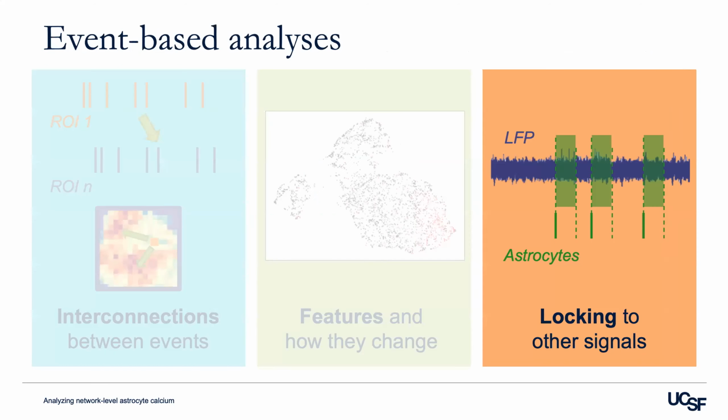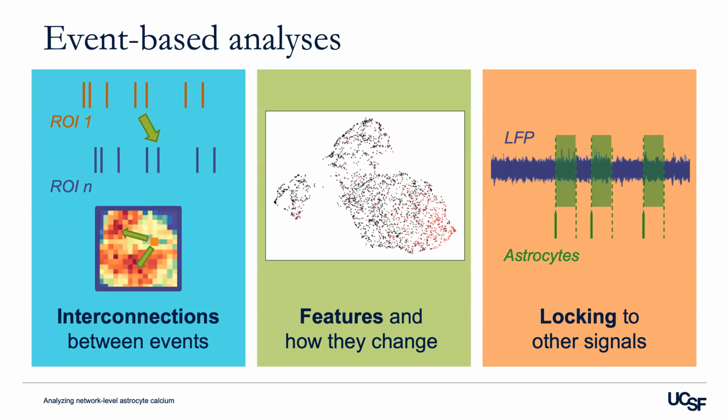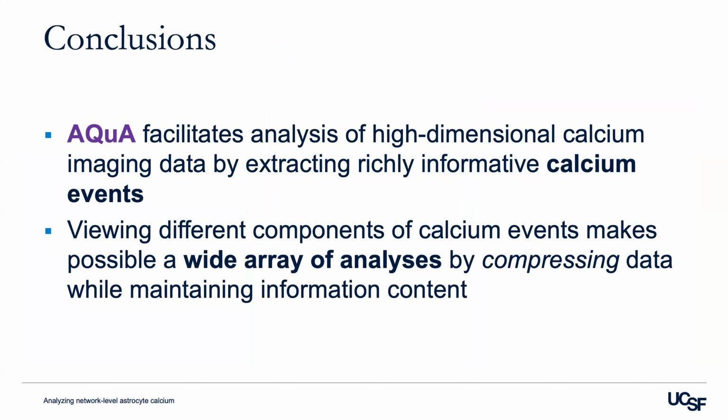So that was just a summary of a few different ways of viewing astrocyte events and how they can be used to gain insights into the behavior of astrocyte calcium dynamics and how it relates to co-recorded neuronal signals. And to conclude, I just wanted to say that AQuA, this fantastic tool, facilitates the analysis of high-dimensional calcium imaging data by extracting these richly informative calcium events.